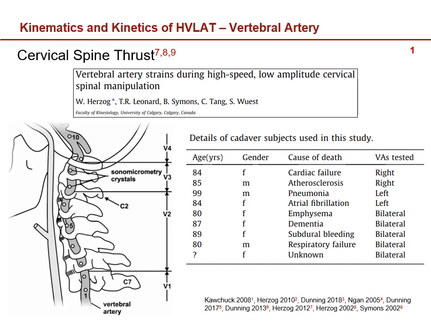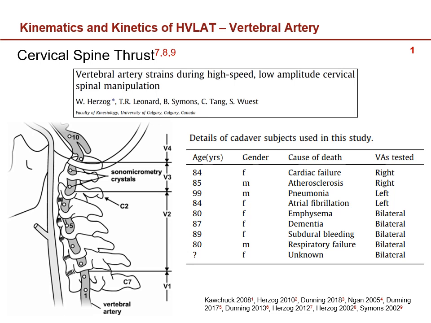Okay, very similar setup and methodology to that of the previous study. There is some overlap in researchers here. So here are the details of the cadaver subjects used in this study. You can see the ages of the individuals shown there.